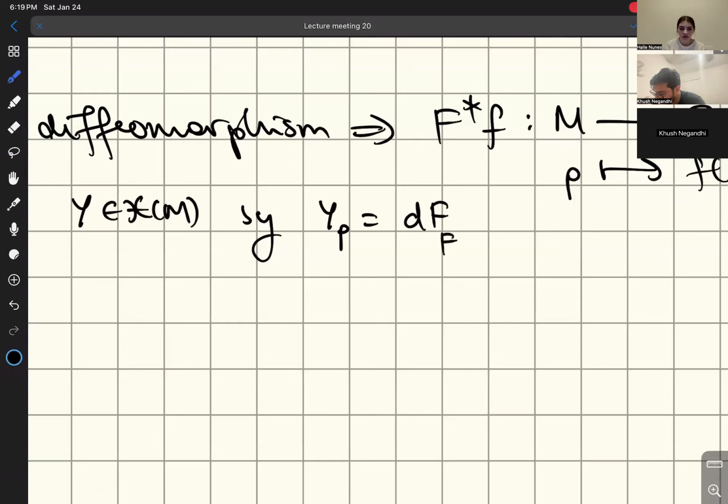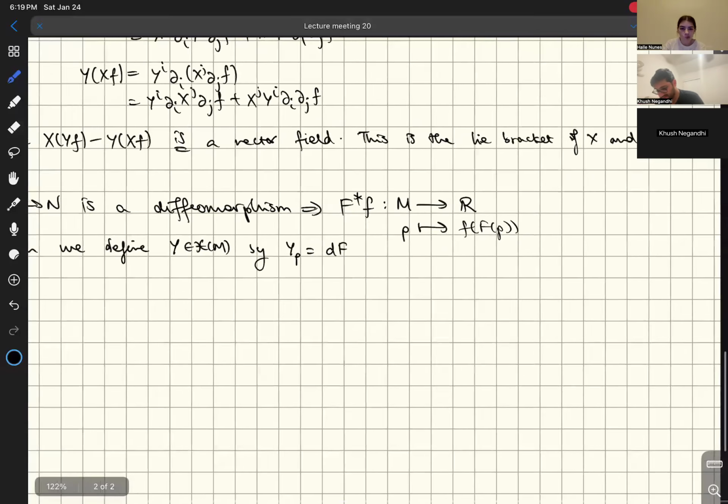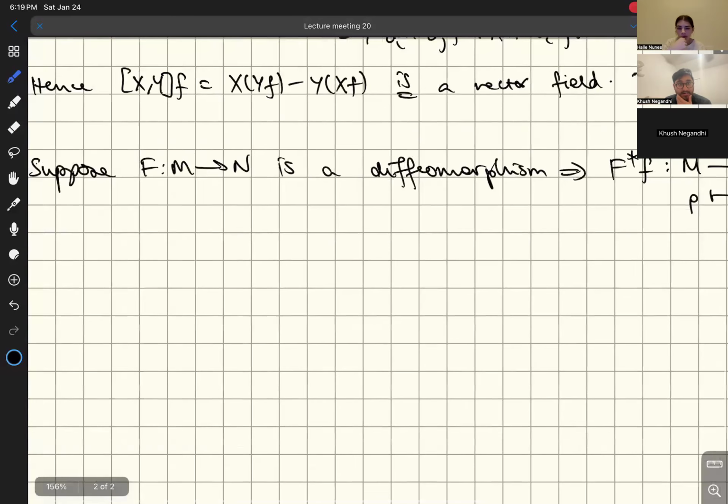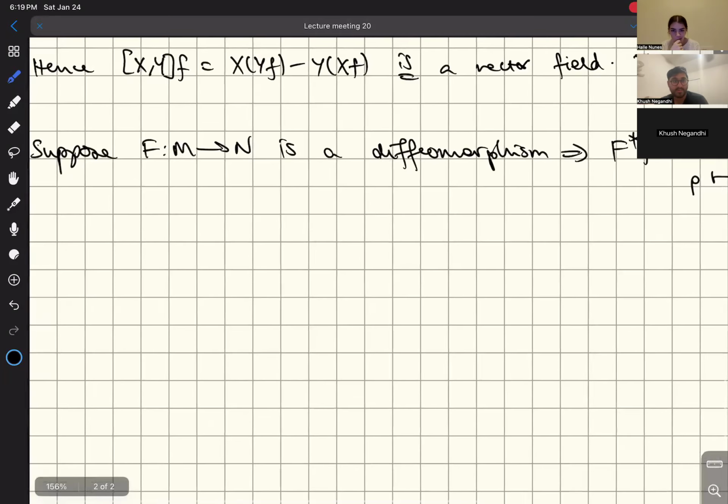It's going to be the derivative of, sorry, I have it wrong in my notes, I just realized. I'm trying to see if I want to define it this way. I think for our situation, it'll be easier if I define it this way.